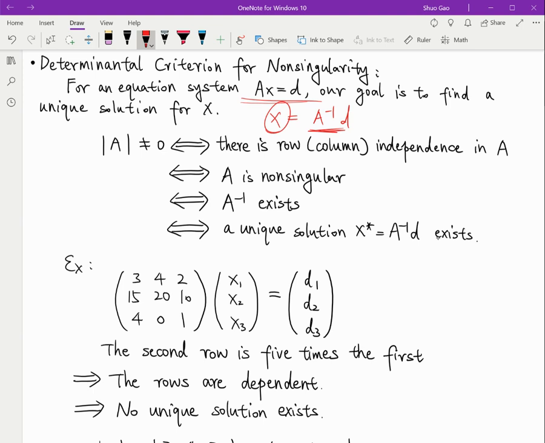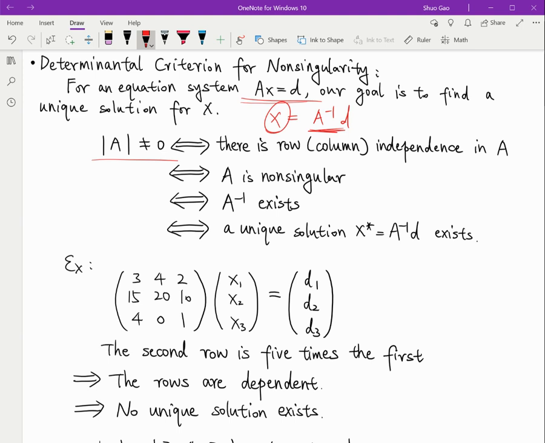And A inverse exists means A is a non-singular matrix. It means that the rows or columns of matrix A are linearly independent of each other. And if the columns or rows are linearly independent, it means that the determinant of A cannot be 0. So this is our logic.